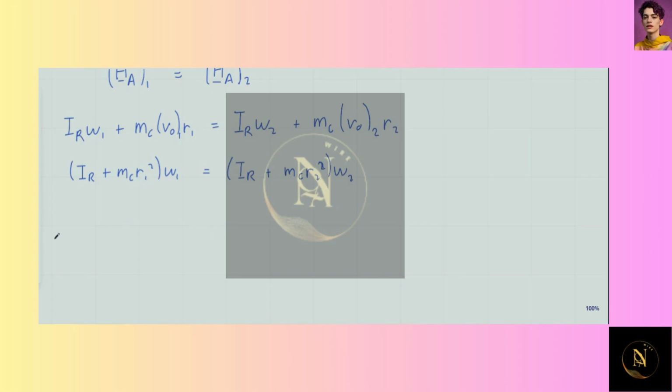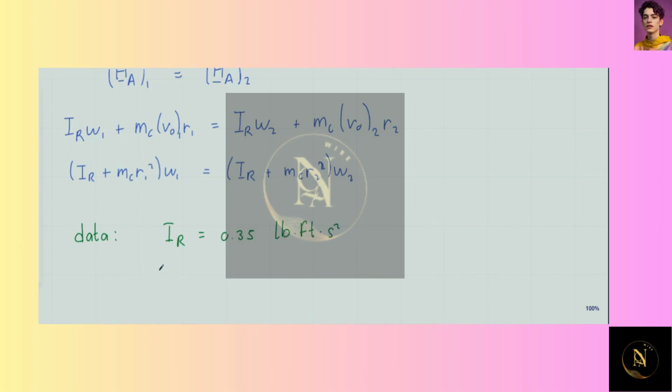And now we can apply our data. Our given data tells us that the moment of inertia of the rod is equal to 0.35 pound-foot-second squared.